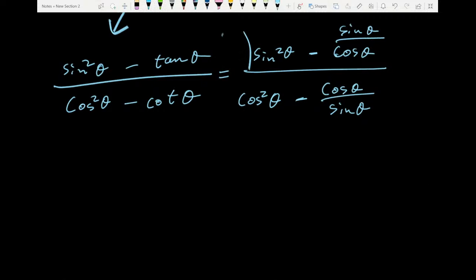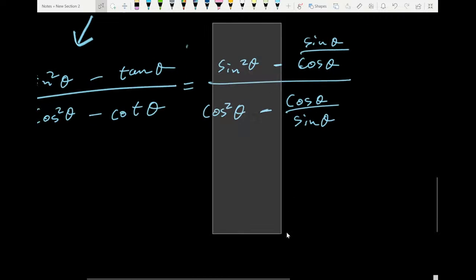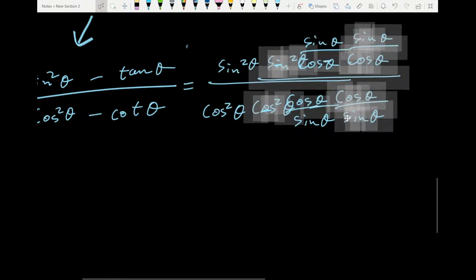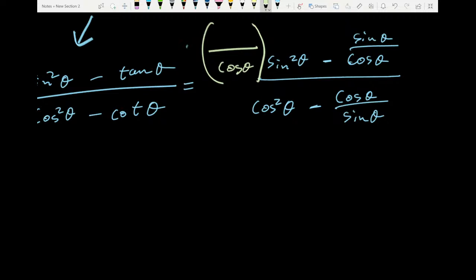To do that, for the top part, I'm going to multiply by what's missing in the denominator: cosine of theta. Remember, this is actually in the numerator.